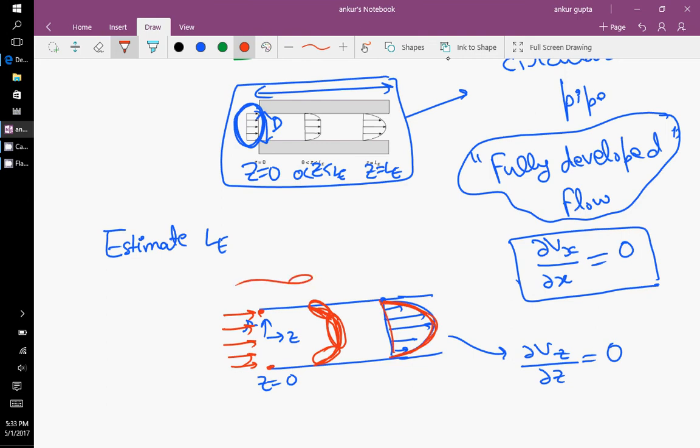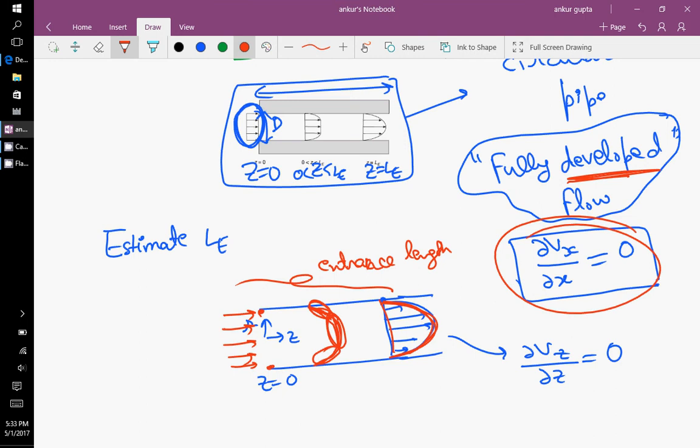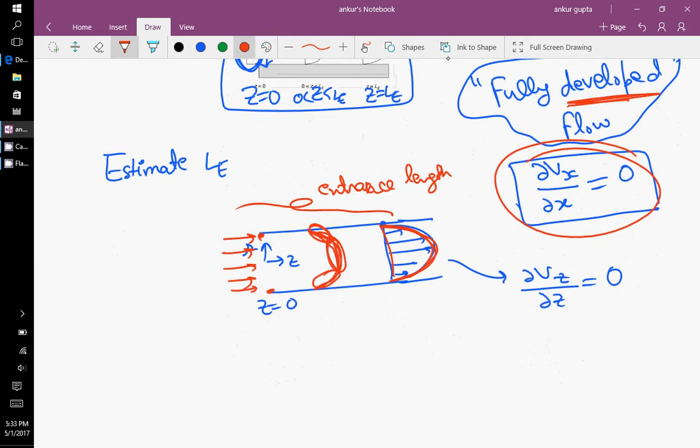So what is this entrance length till which the velocity profile is developing? That was the meaning of developed flow: the velocity profile is developing until some point, after which it no longer changes. So we have to estimate this LE, or the entrance length.